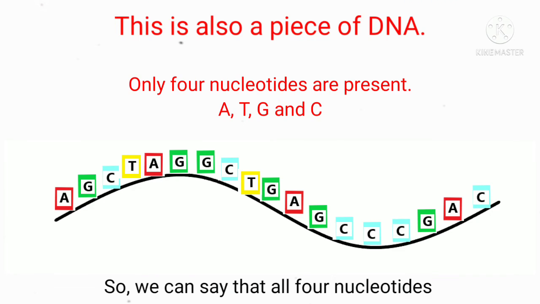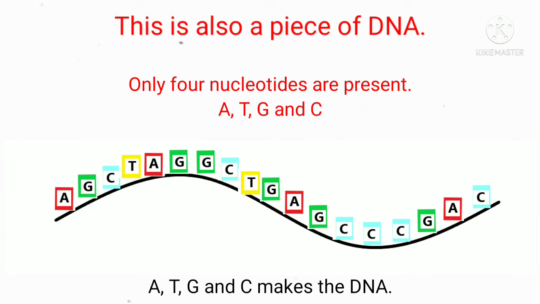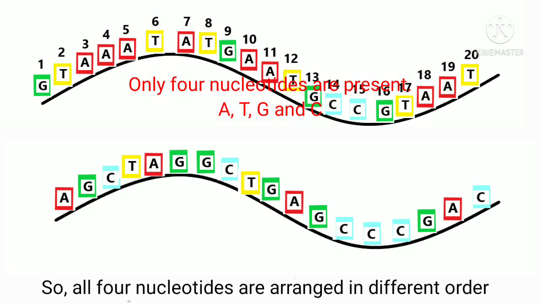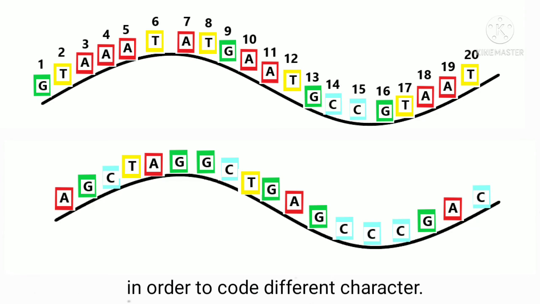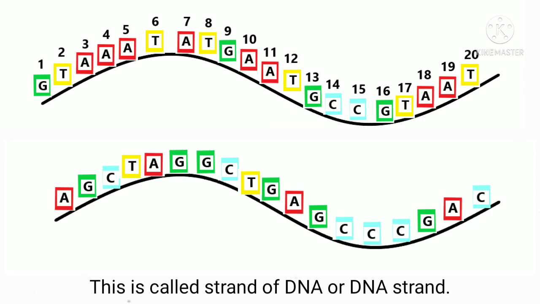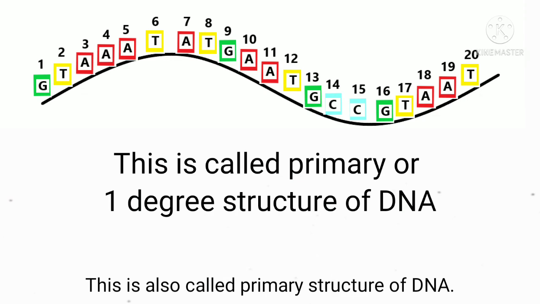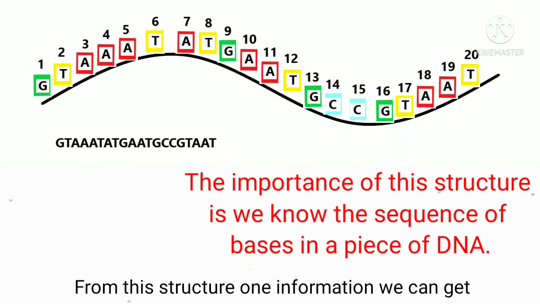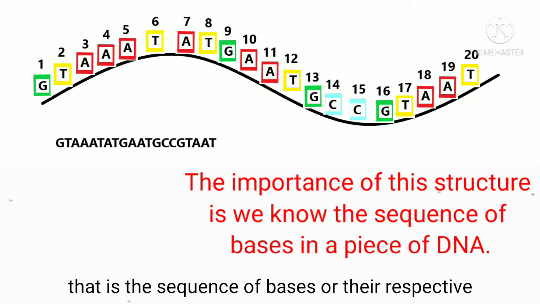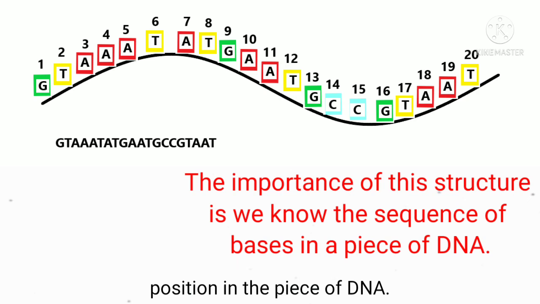So we can say all four nucleotides A, T, G and C make the DNA. Uracil is generally absent in DNA. So all four nucleotides are arranged in different orders in order to code different characters. This is called a strand of DNA or DNA strand. This is also called the primary structure of DNA. From this structure, one piece of information we can get is the sequence of bases, or their respective positions in the piece of DNA.